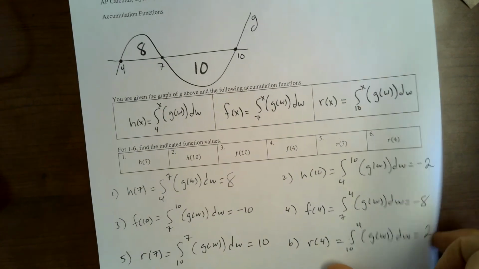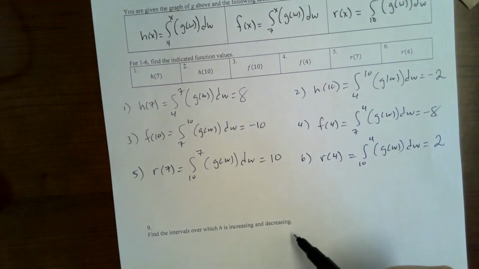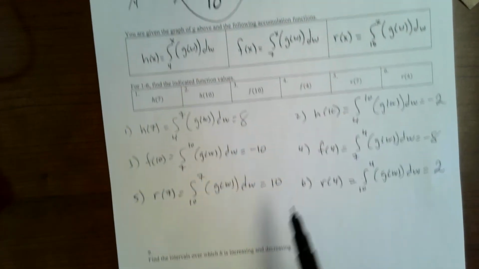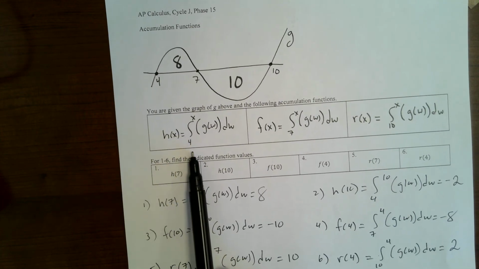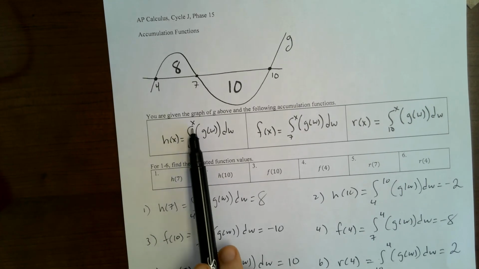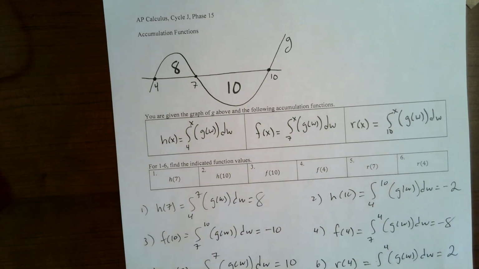Now find the intervals over which h is increasing and decreasing. So h is this one here. h is defined as the integral from 4 to any number x of G of W. Now remember, if an accumulation function is accumulating positive area, it's increasing.